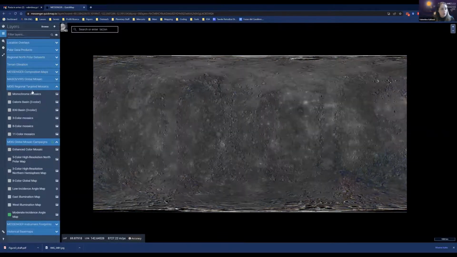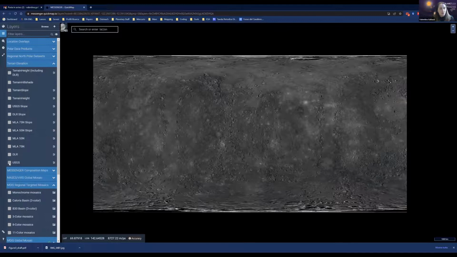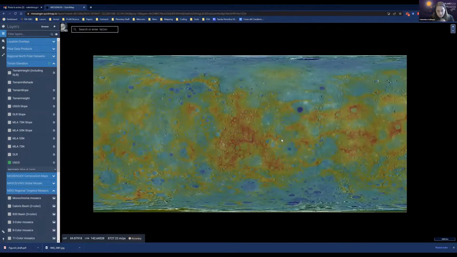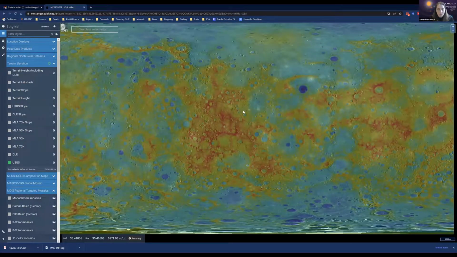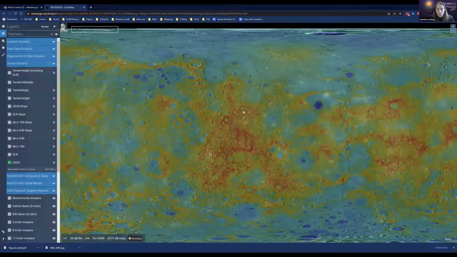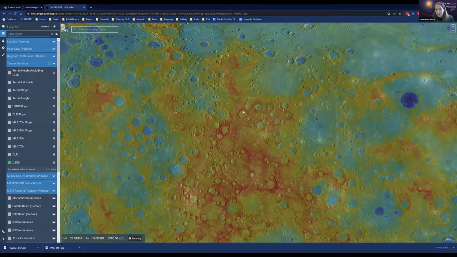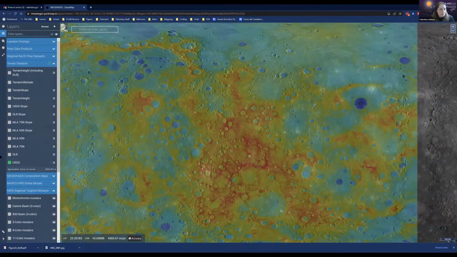And we also have the terrain elevation, of course. The USGS DTM is the only one that covers the whole surface of Mercury, which was obtained by stereo imaging.